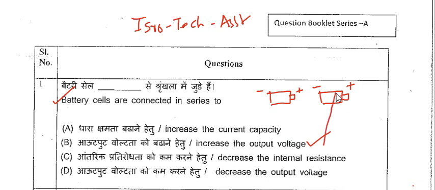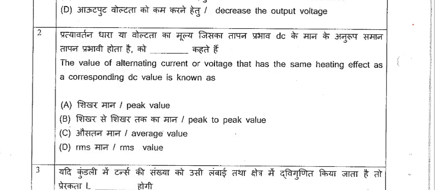So let us go for the second question. The second question is: the value of alternating current or voltage that has the same heating effect as a corresponding DC value.